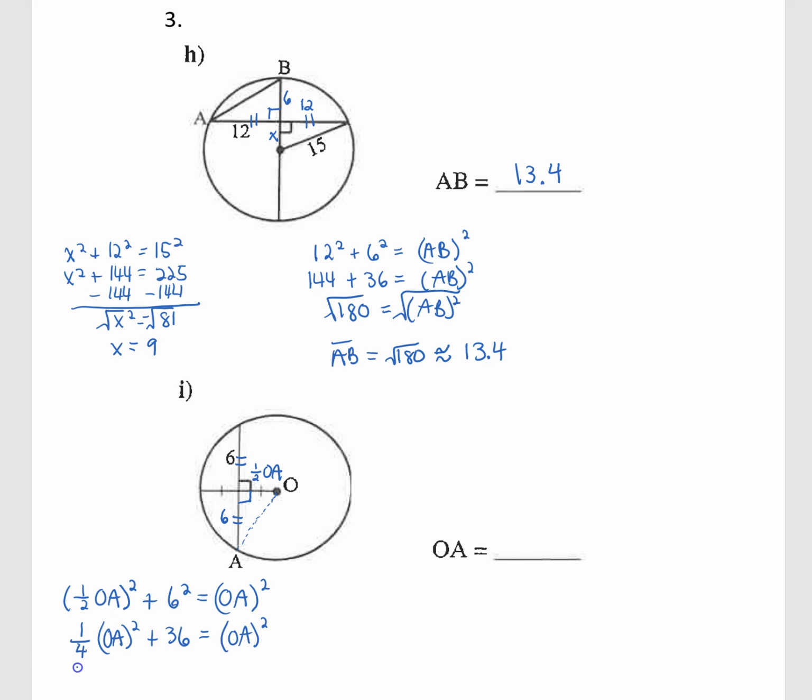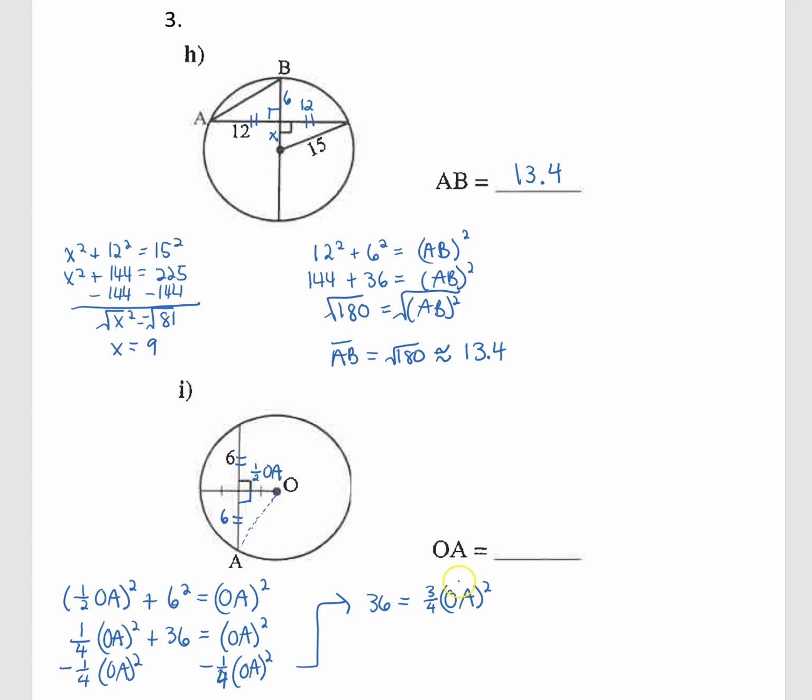I'm going to subtract 1/4 OA squared from both sides of my equation. Those are going to cancel out, and I'm left with 36 on the left side. 1 OA squared minus 1/4 OA squared is 3/4 OA squared.